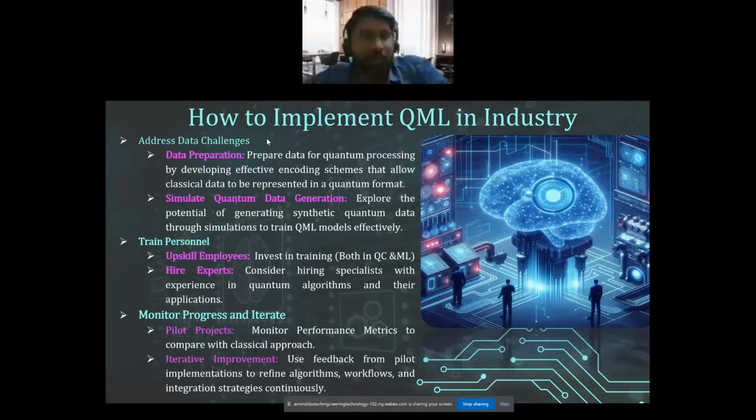Based on the metrics, we see whether quantum machine learning is making a difference in this process. If it is making progress, then we can adopt quantum machine learning for the particular domain or sector.